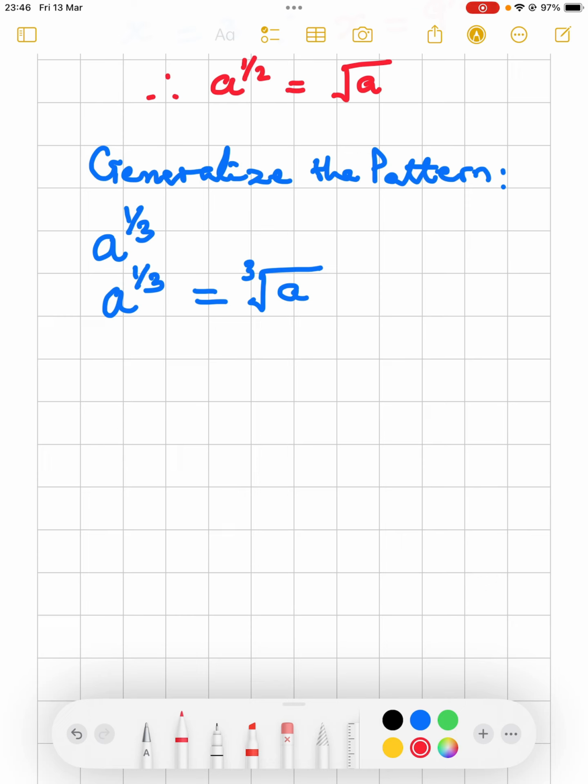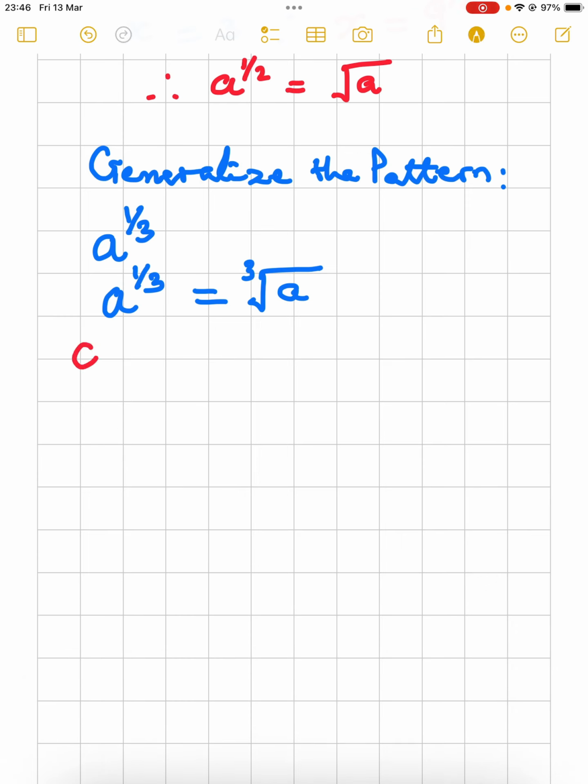Therefore, the general rule is a raised to power 1 over n is equal to the nth root of a.